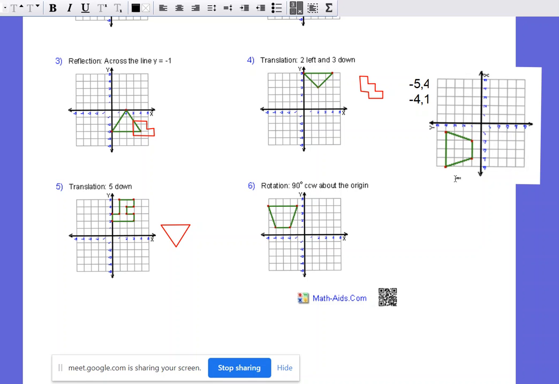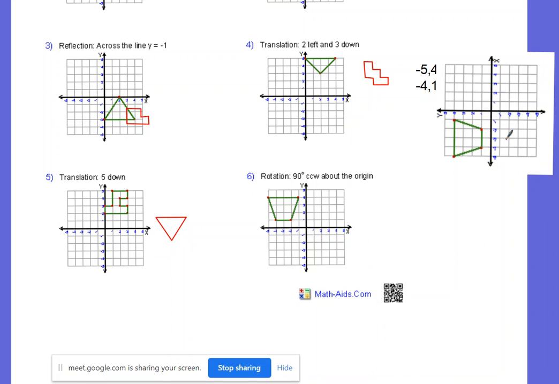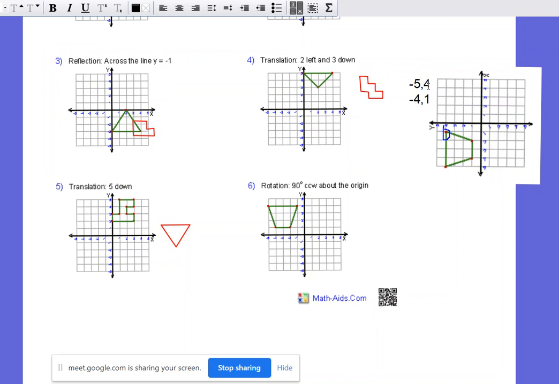Well, we have 4 places we could start. How about right here? Okay, so I think that point would be -1, 4. Remember, it's x first, then y.